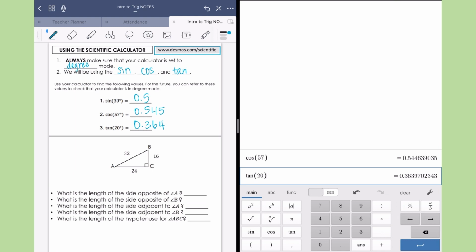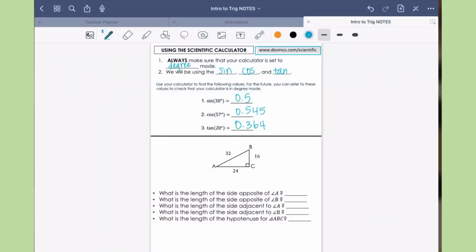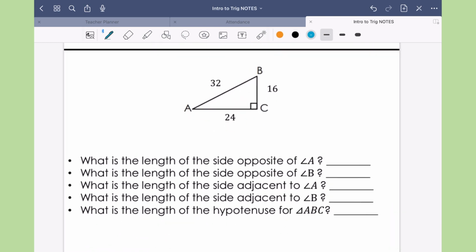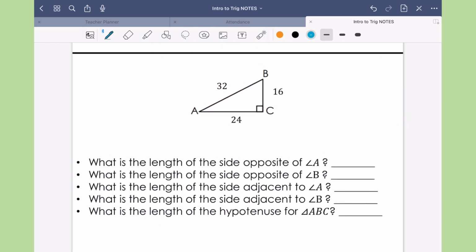We're going to be doing more of this tomorrow or whenever we learn the next part of trig. And that is it for that portion. So just remember to always have it in degree mode, always. All right, so you're going to practice this. I'm going to do the first one with you. It says, what is the length of the side opposite of angle A?